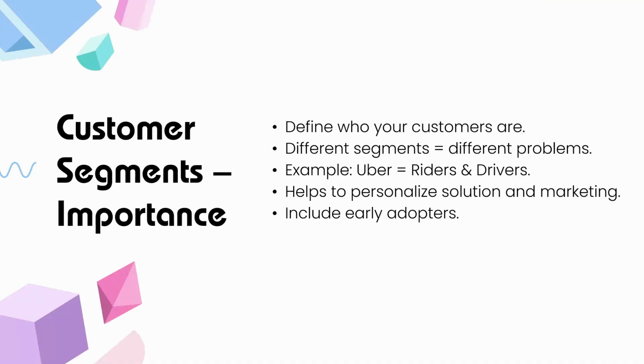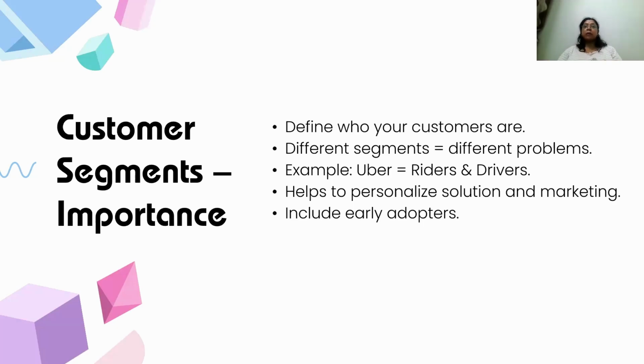Like in Uber, Uber has two types of customer segments, riders and drivers. The drivers can be literate or illiterate, and to reach out to the driver community, to get them to join Uber and earn money, is going to be one strategy.